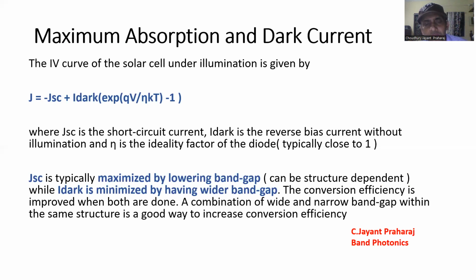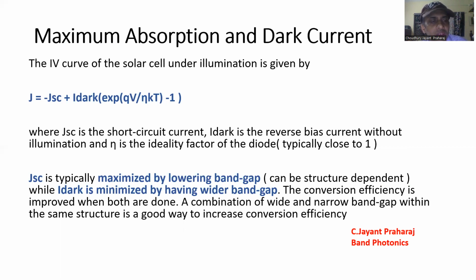So we need to do both kinds of things in order to improve the conversion efficiency in these solar cells. What we need is a combination of wide and narrow band gap material within the same structure, or within the same solar cell. And that is the way to increase conversion efficiency. That typically leads to some careful optimization and leads to multi-layer design or to graded composition design. So this talk focuses on graded composition.